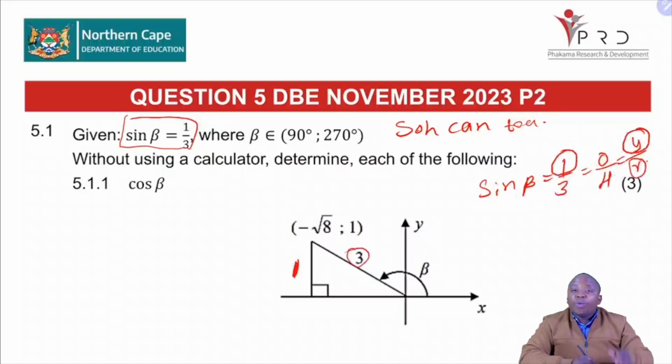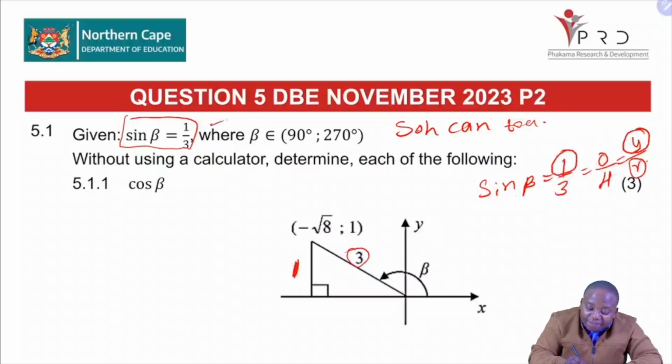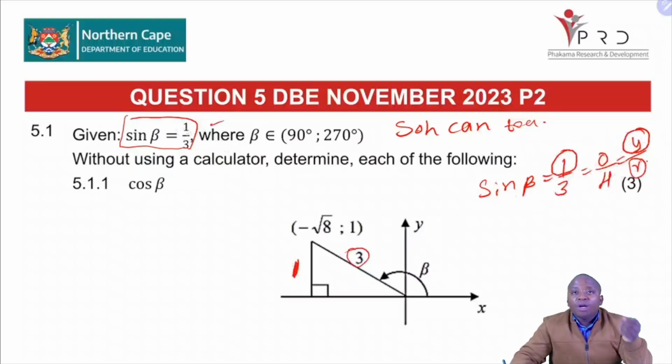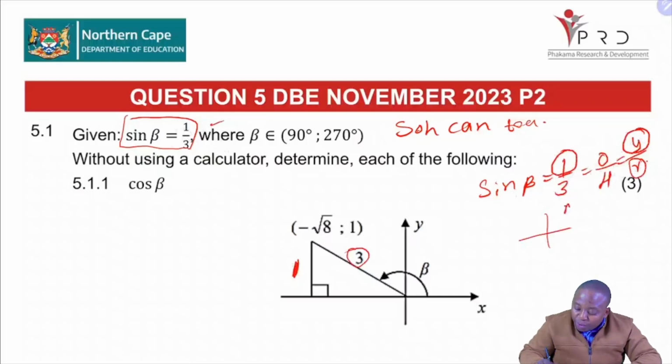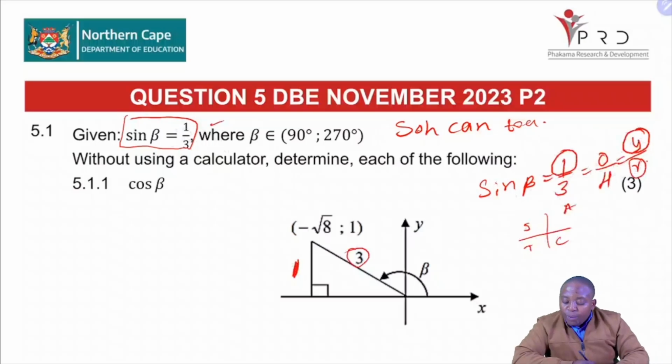Now, how do I know which quadrant I am going to utilize? The first thing that we're going to look at is the given sine. Sine beta is 1 over 3. I can see my 1 over 3 is positive, meaning the solutions are found where sine is positive. So if I draw my Cartesian plane, you know this is a CAST diagram. And we know that sine is positive in the first and the second quadrant.